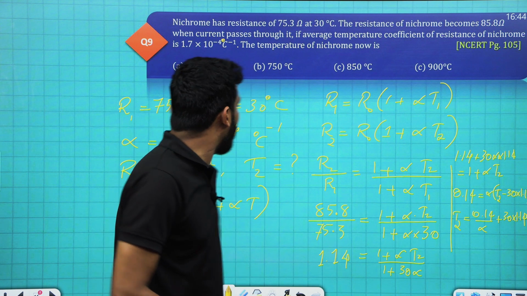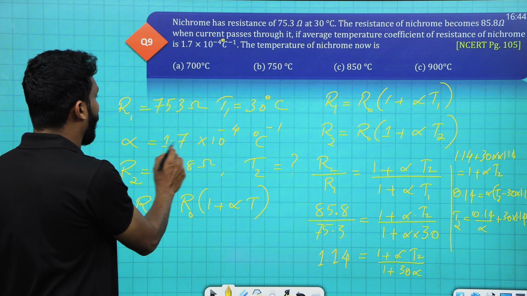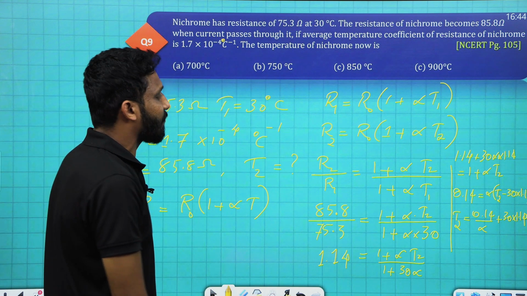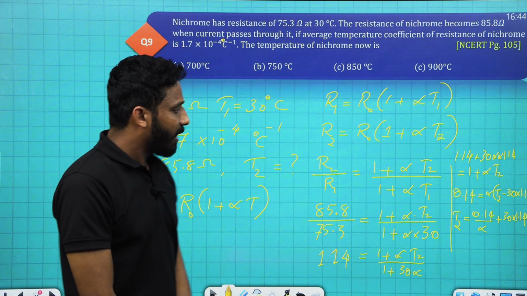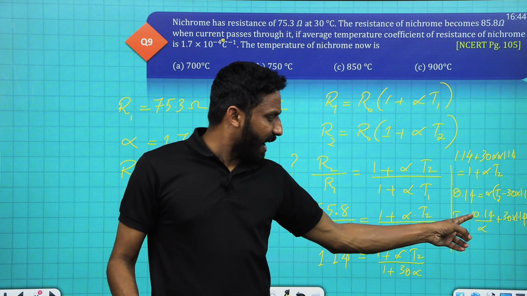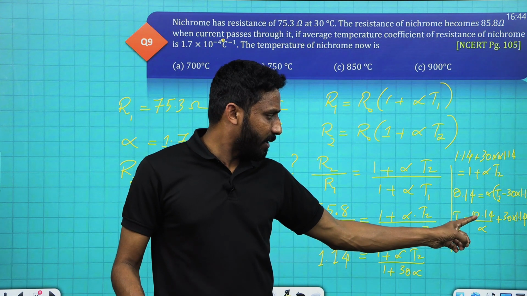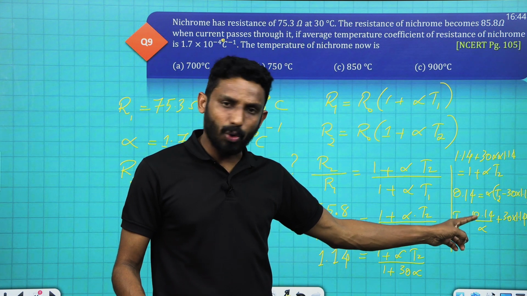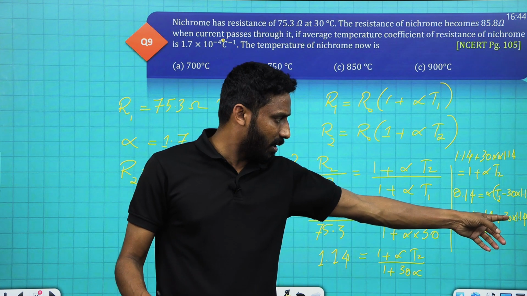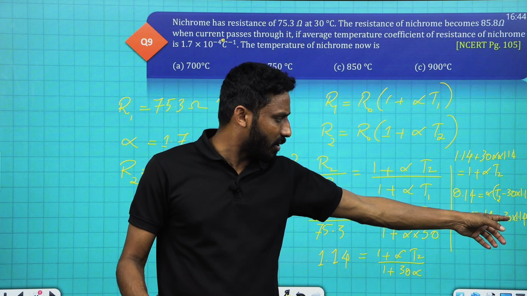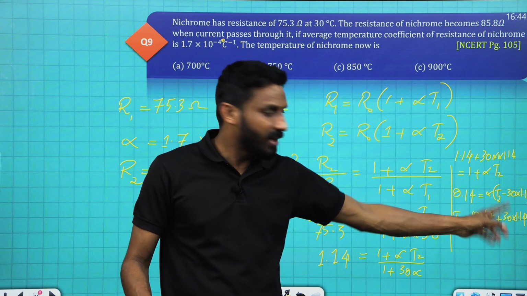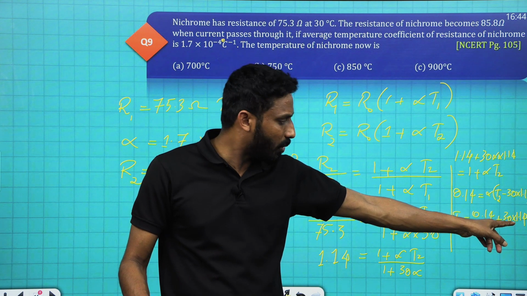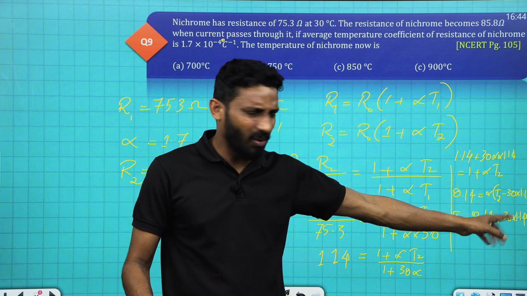The alpha value is 1.7 into 10 raised to minus 4. This will be around 820, in the range of 820 to 830. And 30 into 1.14 is a little more than 30, around 33 or in that range.